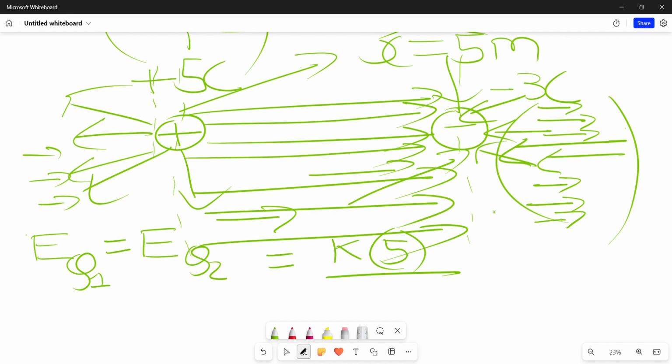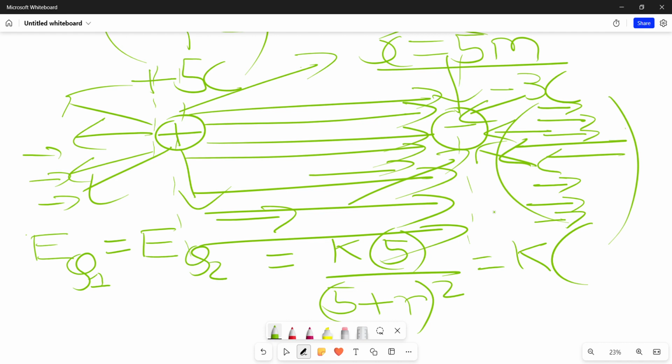Now for the positive 5 coulomb charge, the separation distance between the two charges is 5 meters. But the point is going to be an additional r meters away from the negative charge. So the equation will be k times 5 over 5 plus r whole squared, the net distance, which will equal k times the absolute value 3 over r squared, because from the negative charge it's just at a distance of r.